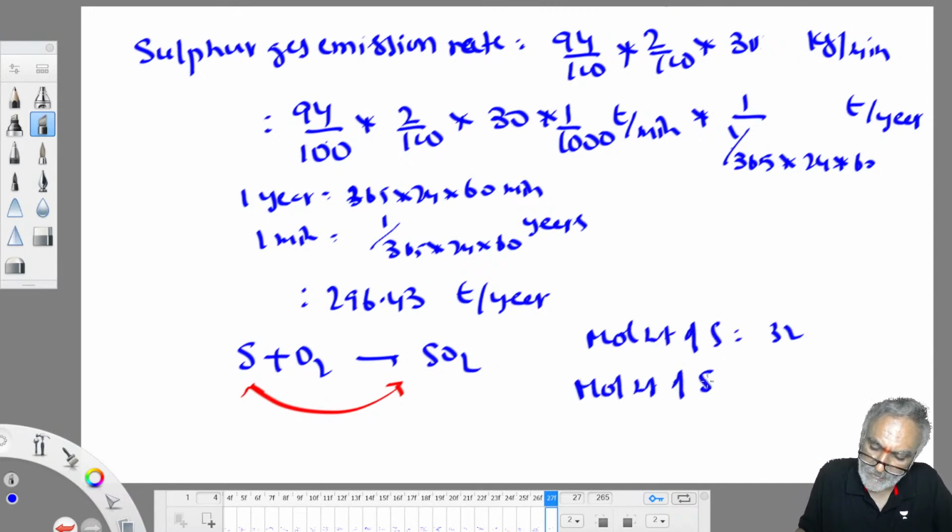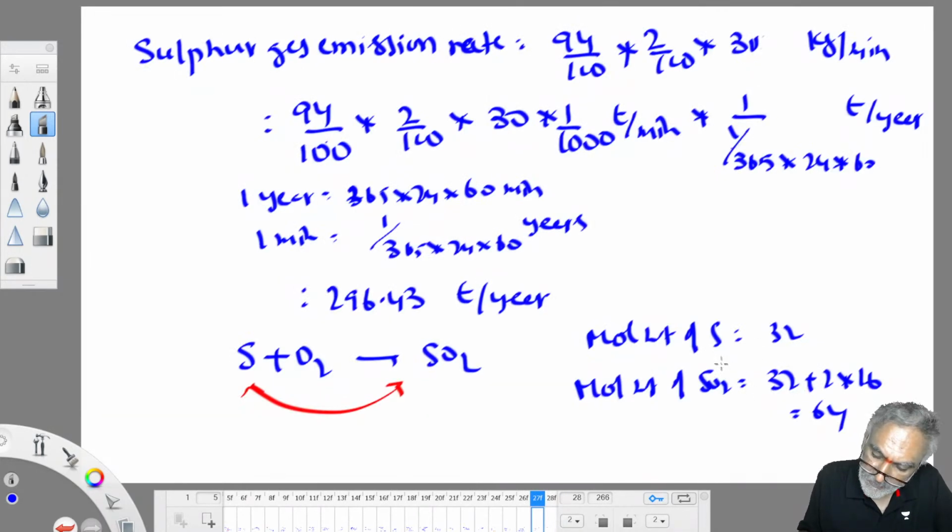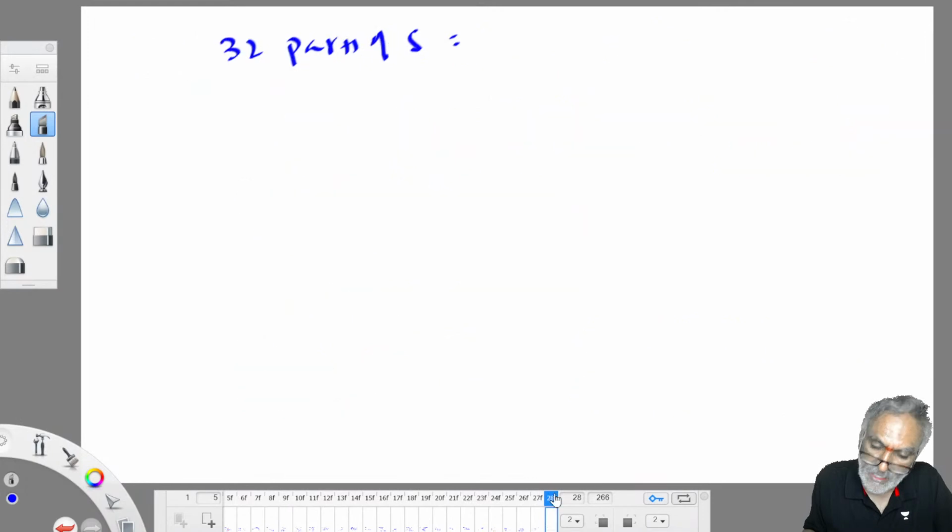So molecular weight of SO2 is 32 plus 2 into 16, 64. That means 32 parts of sulfur is equal to 64 parts of SO2. 32 parts of sulfur react with 32 parts of O2 and produce 64 parts of sulfur dioxide. That's the meaning.